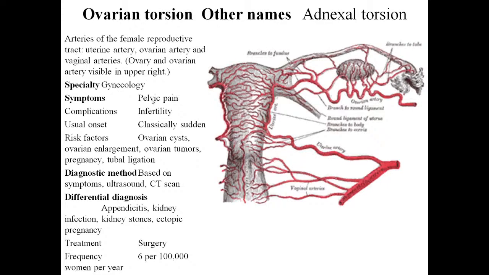Symptoms of ovarian torsion are pelvic pain, and the complication is infertility. Onset is usually classically sudden. Risk factors for this disease are ovarian cysts, ovarian enlargement, ovarian tumors, pregnancy, and tubal ligation. Diagnosis methods are based on the symptoms, ultrasound, and CT scan research.